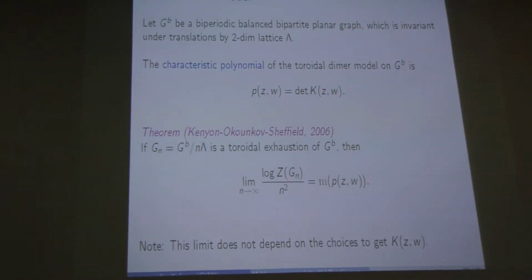But in general, it's very difficult to control the singularities of the Mahler measure. This is just for some special cases because there's no general statement. That's right. This is a toroidal exhaustion by n lattices. Am I answering the question?